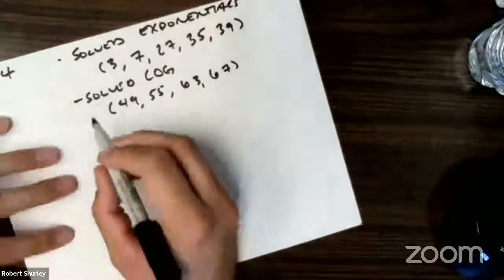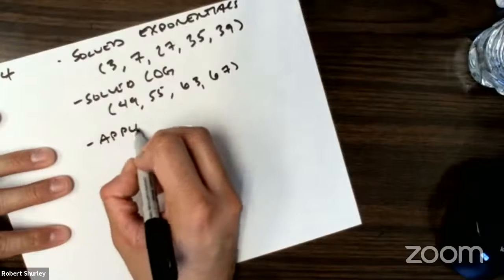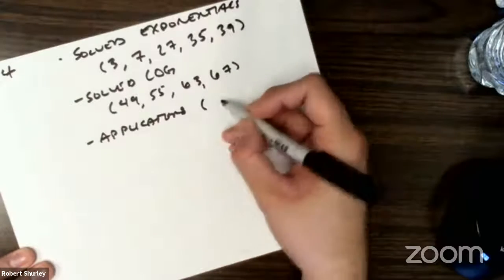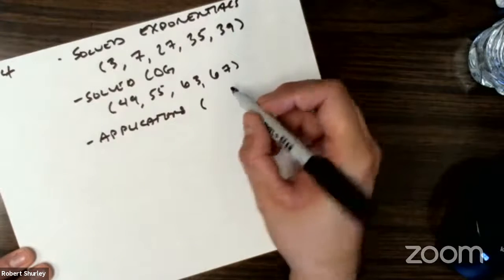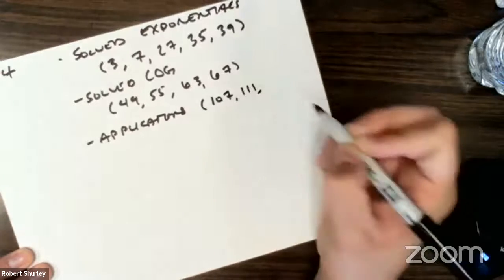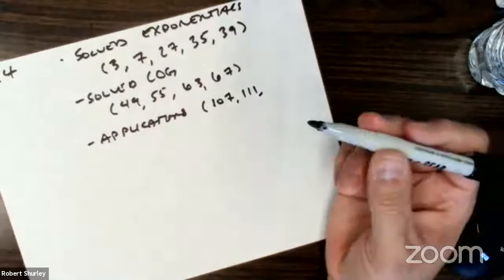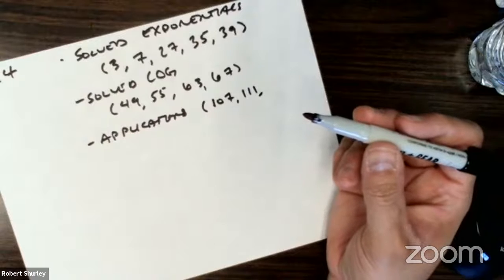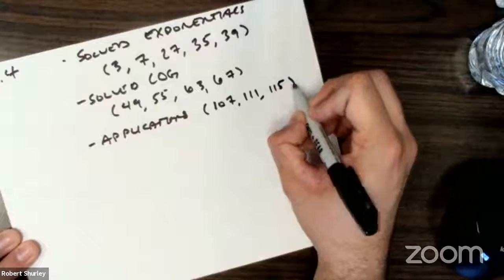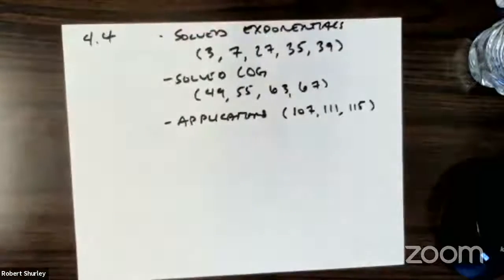And then the applications, the money ones, let's say 107, 111, and then another good example, let's say 115.